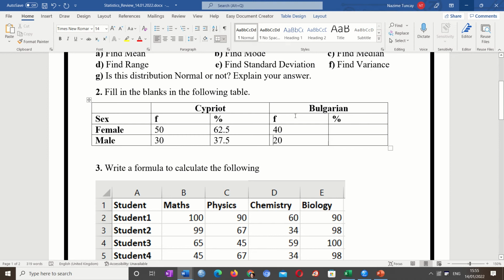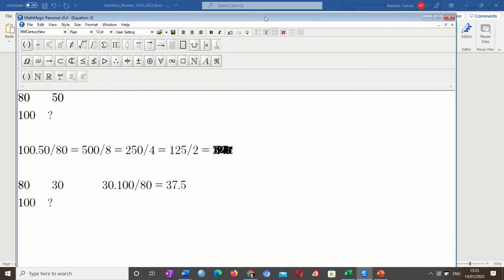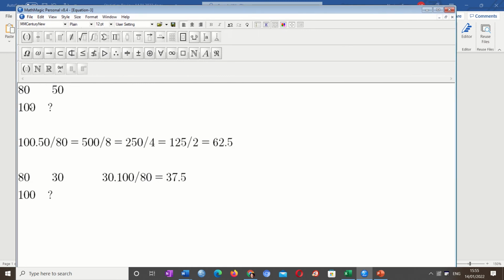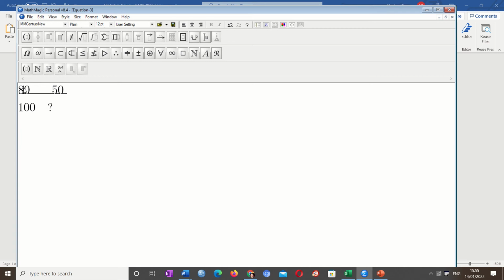Now, this is 60. Out of 60, if I have 40. Let's do some more calculation. If I have out of 60, 40, what is the number out of 100? I have to multiply these two and divide by 60. 100 multiplied by 40, divided by 60.